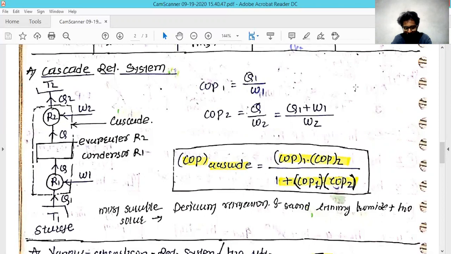Now R1 is the first refrigerator, where W1 is the work input to that refrigerator.